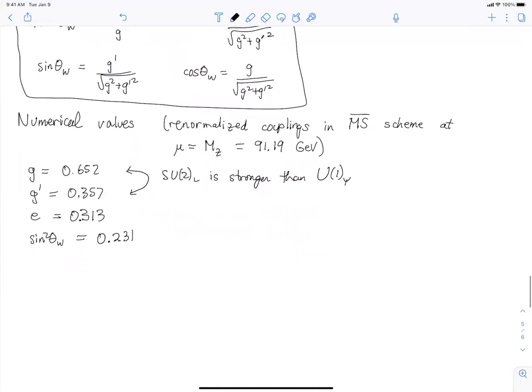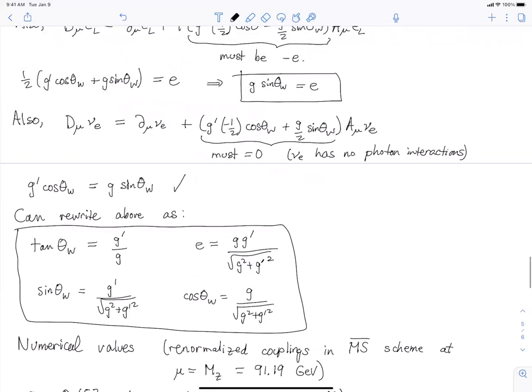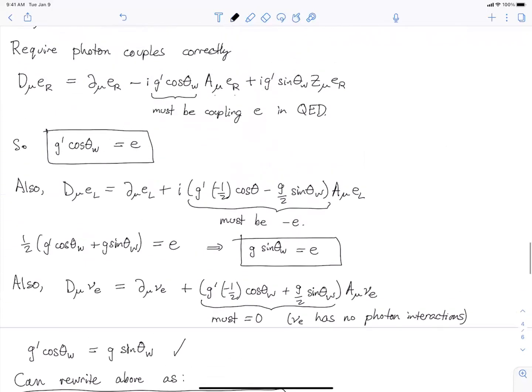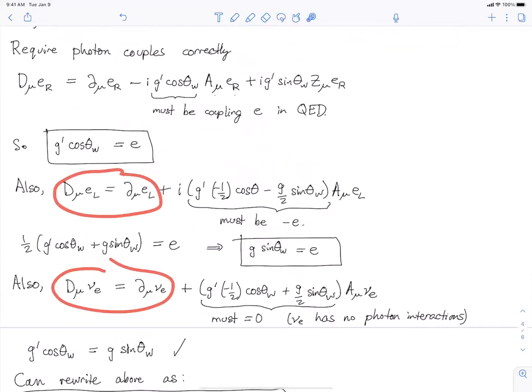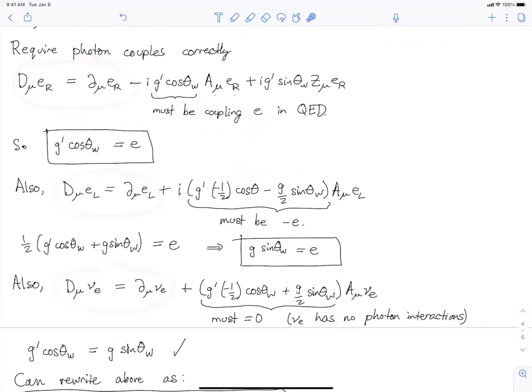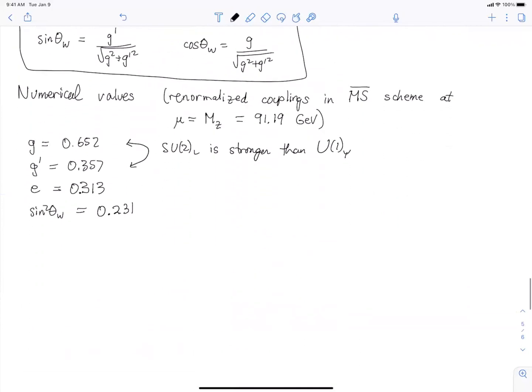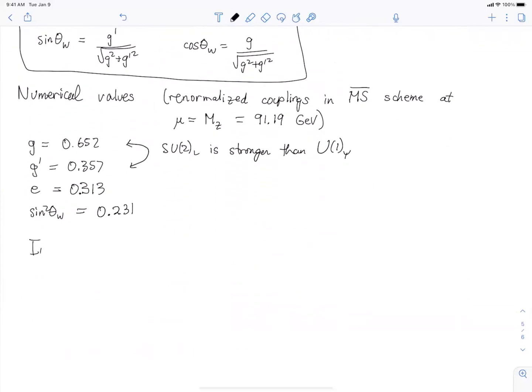All right, one more thing is that you can now, we did this for the electron and the neutrino here, but you could do the same thing for the quarks, and you find out that everything is consistent as it has to be. And in general, you find out that the electric charge for a fermion is equal to the third component of weak isospin plus the weak hypercharge.